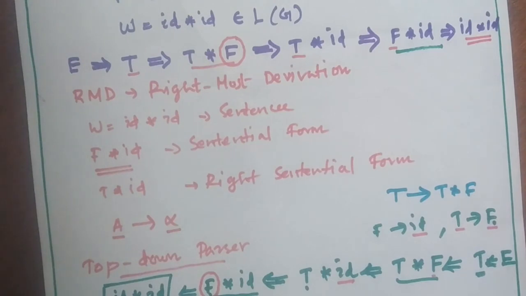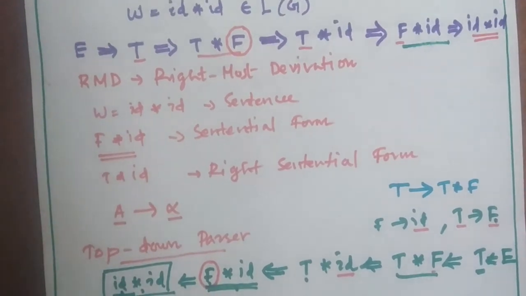So it will keep on doing this, and finally it reaches the root. If it is possible to reach the root, then that would be the parse tree of the given string, and the parser will tell that the given string belongs to the language of the grammar. This is the process of a top-down parser.